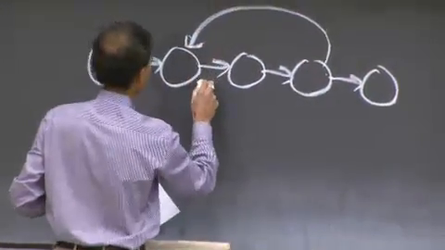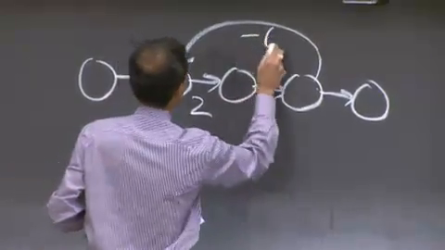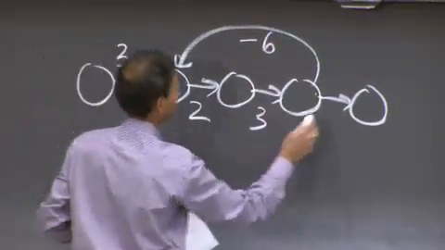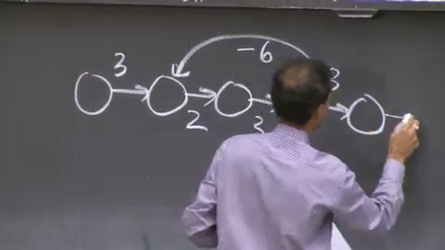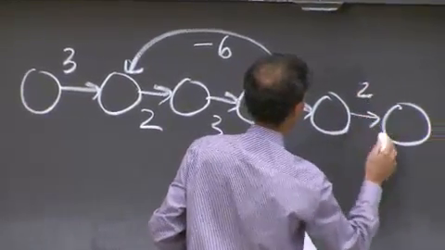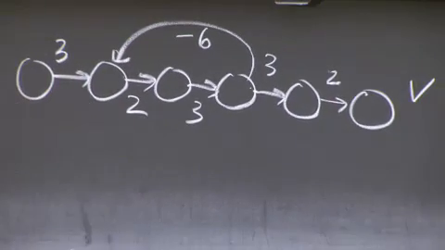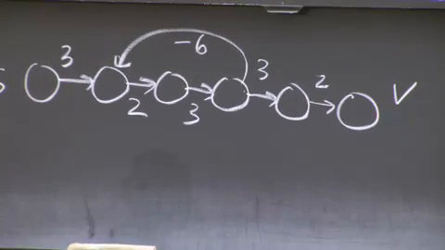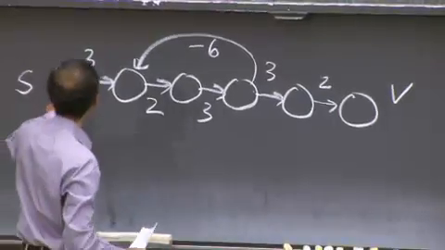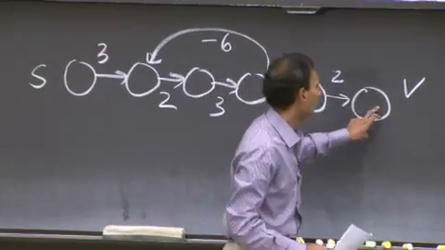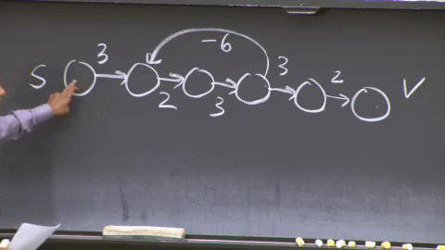So I have something like this, 2, 3, minus 6, 3 over here, 3 over here, and so on. Maybe 2 here. And I want to find the shortest simple path that reaches V from S. Okay?